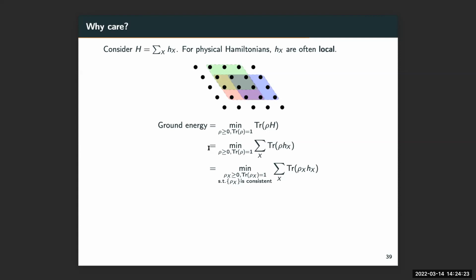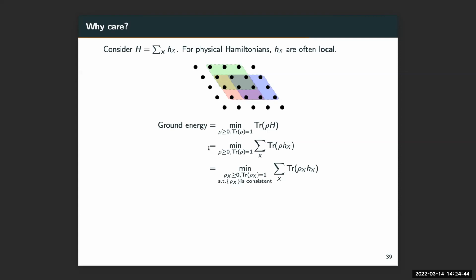But then you realize that oftentimes the individual terms in the Hamiltonian only act on a constant number of sites. So when it comes down to computing that expectation value, it suffices to know only the reduced density matrices on these individual regions.